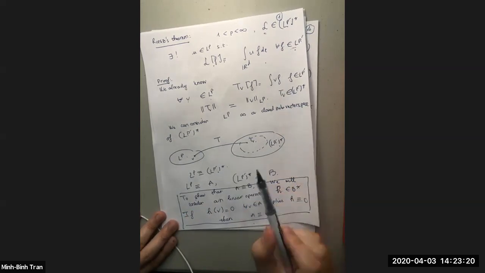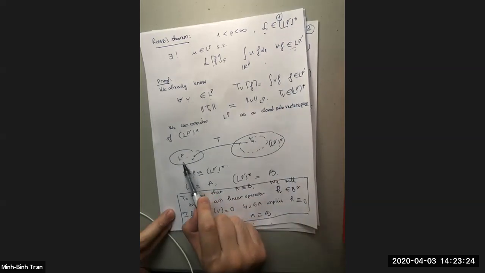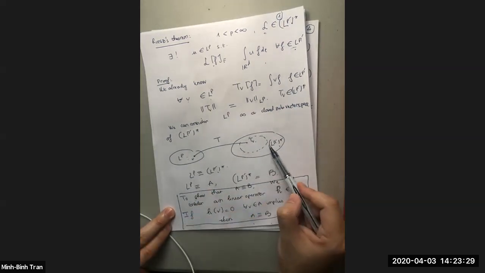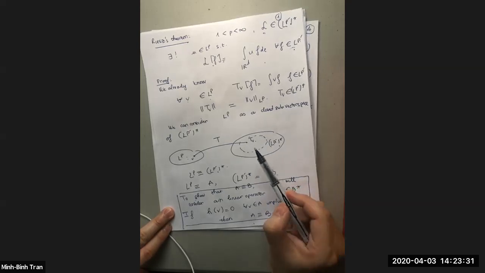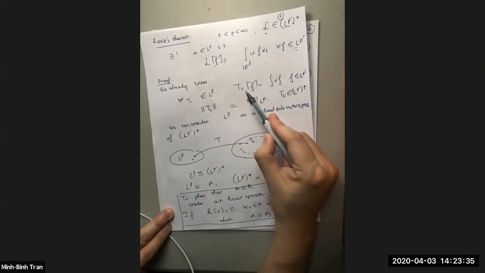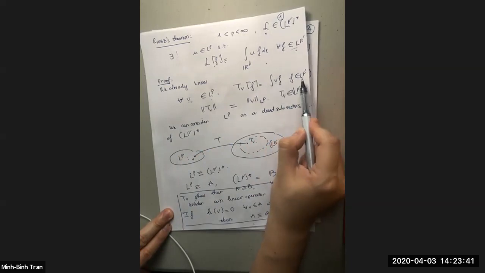Why? Because in the previous class, we showed that L^p is a closed vector space of L^p' star in the following way. You pick all of the V in L^p, and you define the linear operator by integrating V with all of the F in L^p'.